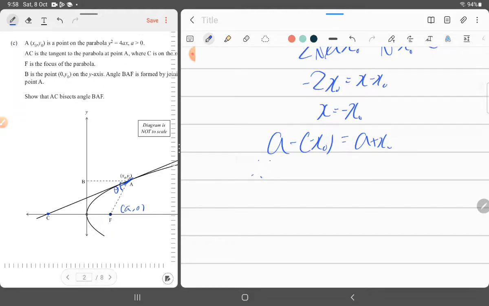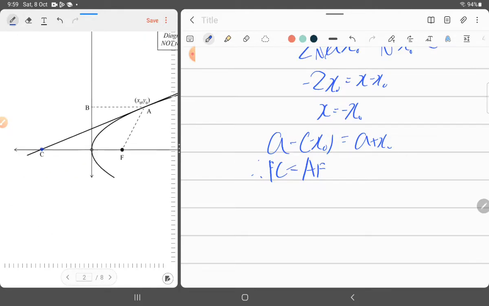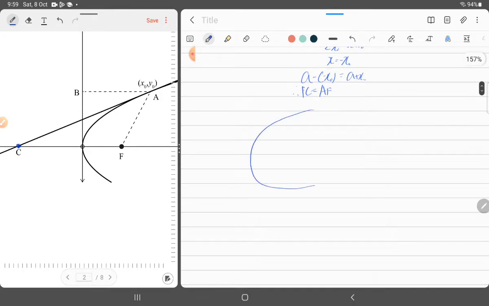Therefore, if c is equal to a, so, let me just draw this. Draw a curve. Okay, no, this doesn't work.